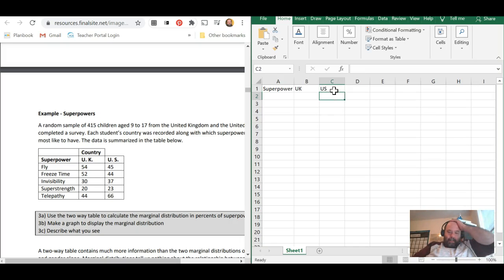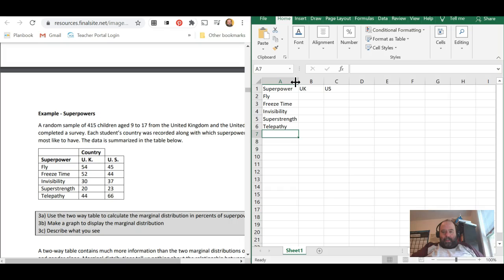Now what I need here is percentages, right? So fly, freeze time, invisibility, super strength, telepathy, right? Alright, so I need these as percentages.